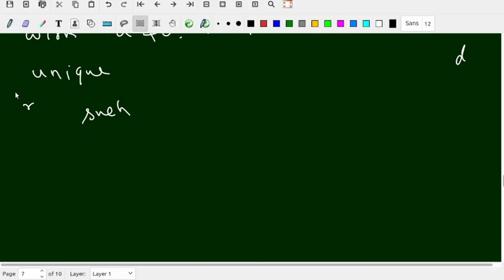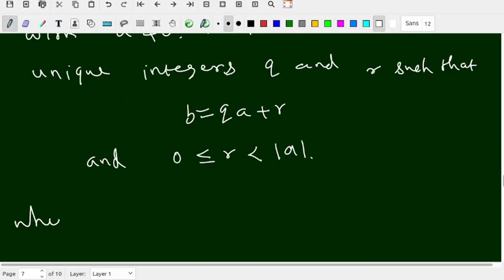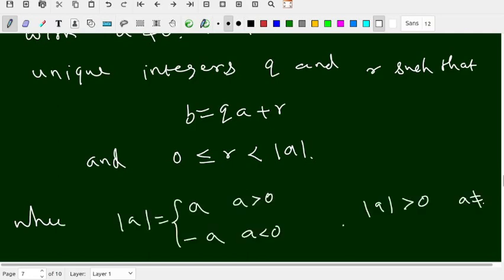What is mod a here? Mod a is a if a is greater than 0, and minus a if a is less than 0. So mod a is a number greater than 0 when a is non-zero. This number r is called the remainder.